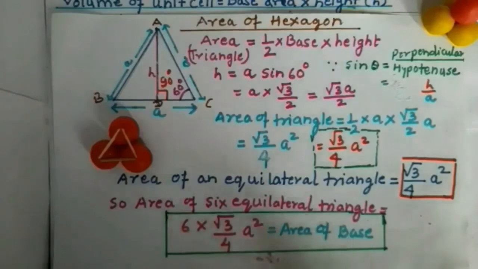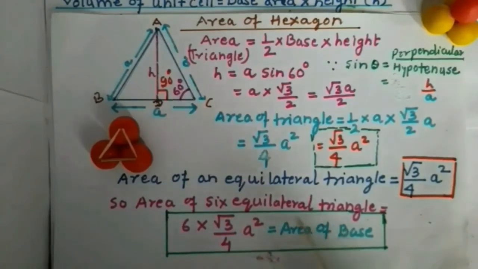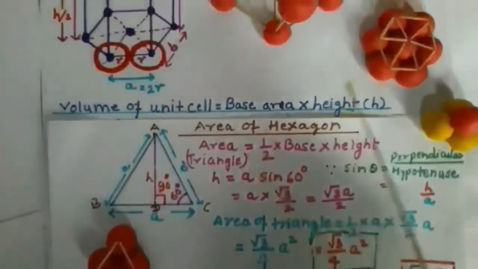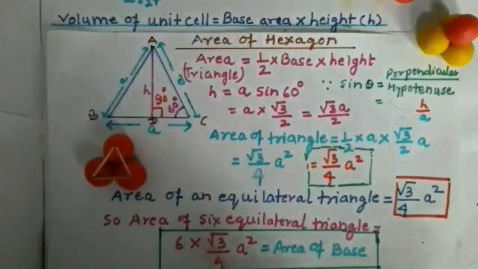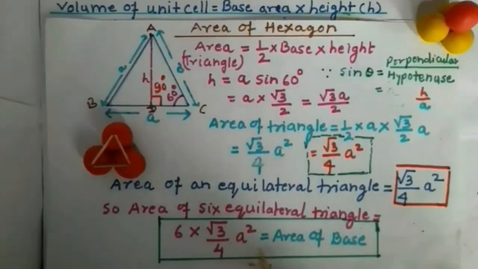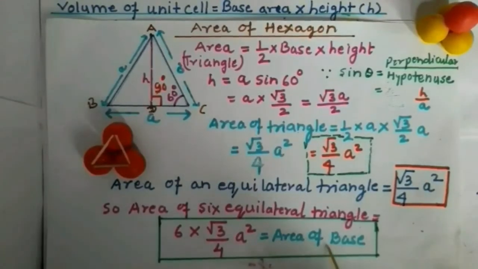So the total area of the hexagon will be equal to 6 multiplied by root 3 by 4 A square, and this is the area of the base. So we have calculated the area of the base.